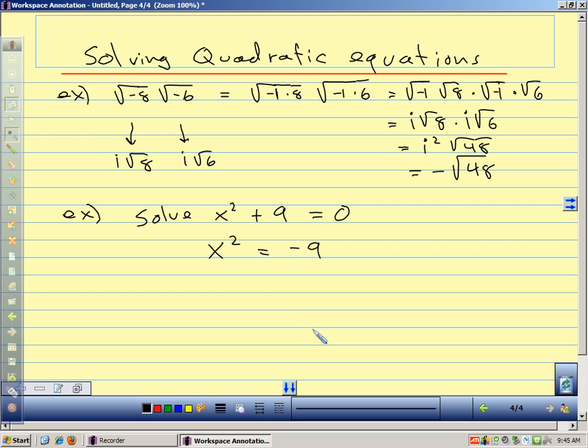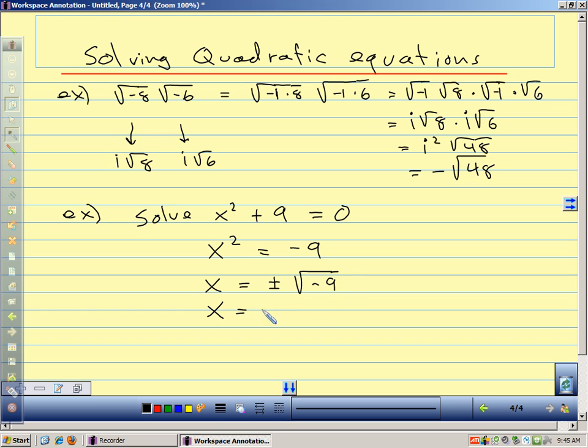In the past, when we've gotten to here, so far in this class anyway, we would say no solution, because we can't take the square root of a negative number. But now that we've talked about complex numbers, we're going to say that x equals plus or minus the square root of negative 9.